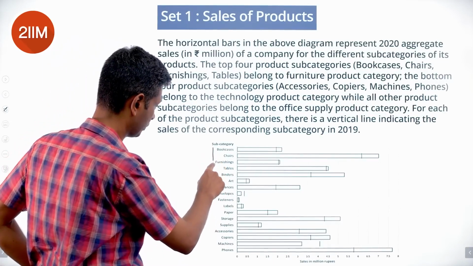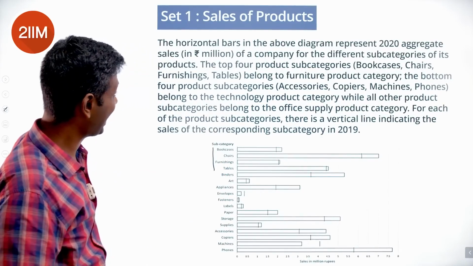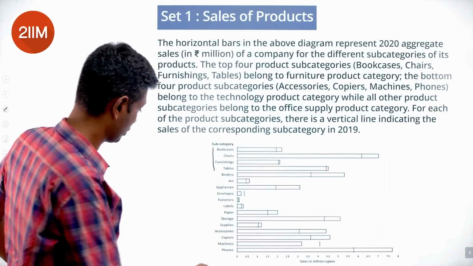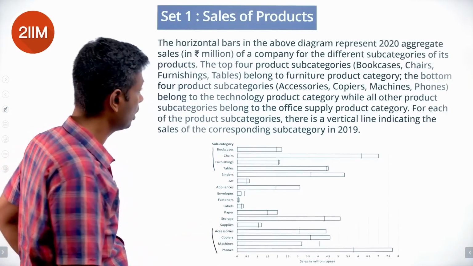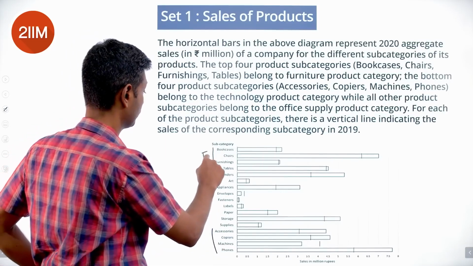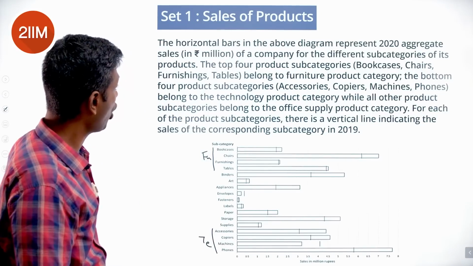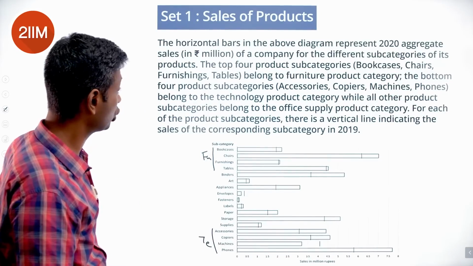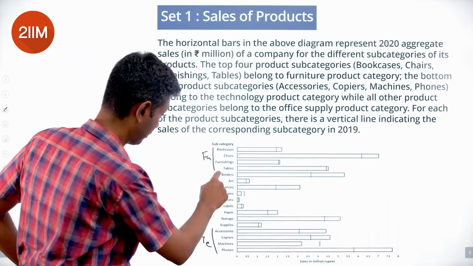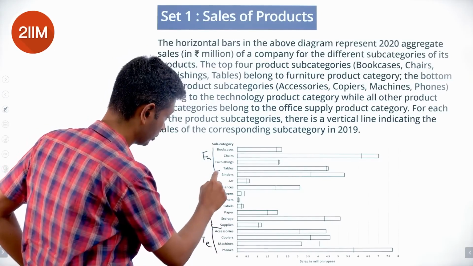The bottom 4 product subcategories, accessories, copiers, machines, and phones, belong to the technology product category. So this is furniture, this is technology. While all other product categories belong to the office supply product category. So everything from binders to suppliers.